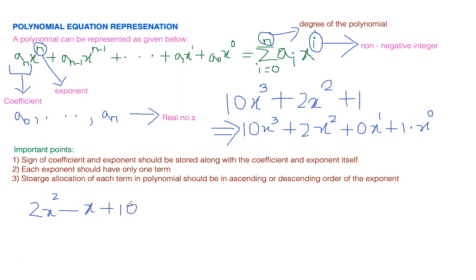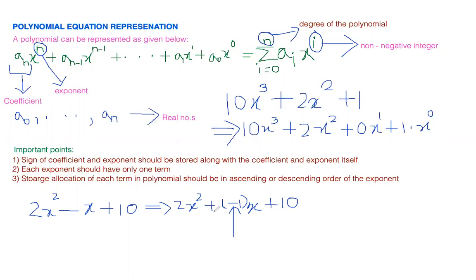This can be written like this: 2x squared plus minus 1 x plus 10. So basically the coefficient of the term x is minus 1.